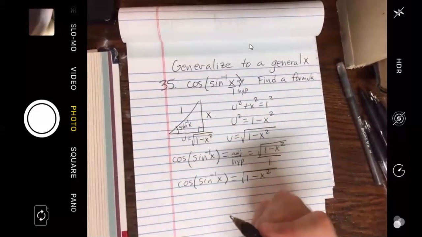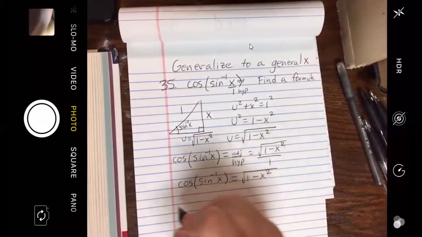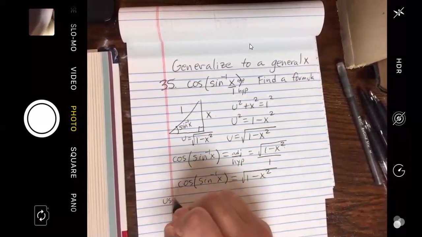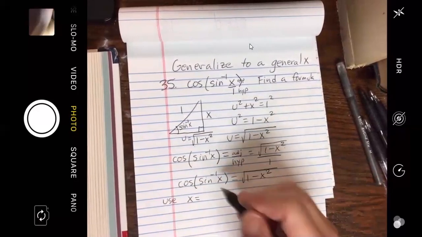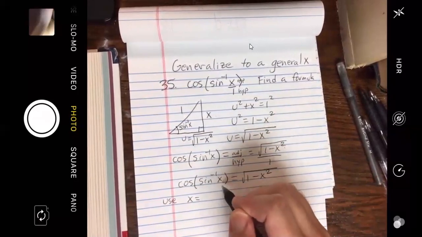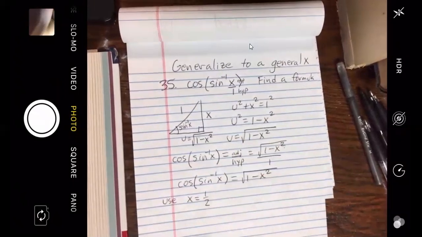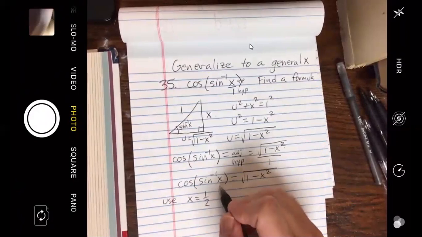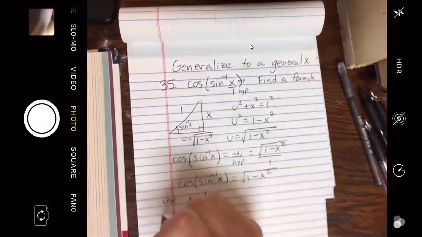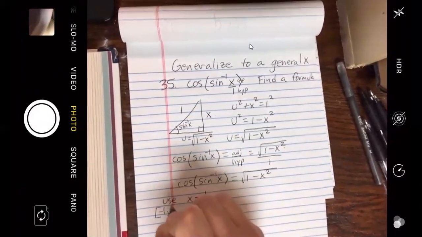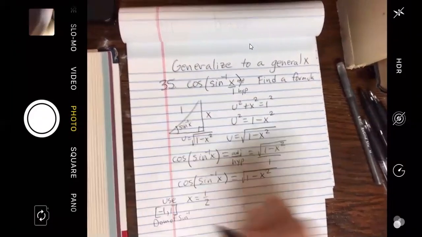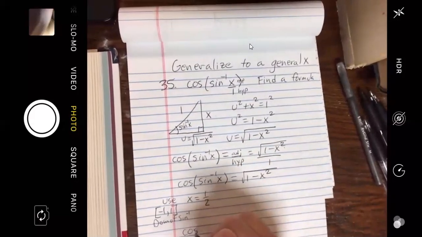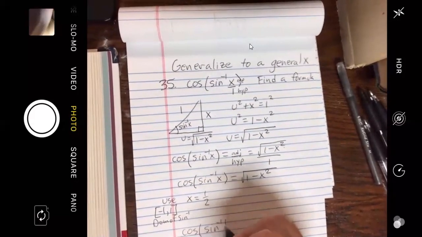Just to give you some confidence, I will punch in an x. You can't use any random x. Remember, you've got to be in the domain of arcsine. A half should be legal. The domain of arcsine is the range of sine, minus 1 to 1. Yeah, you've got to be between minus 1 and 1, the domain of arcsine. So I'll punch cosine of arcsine of a half.